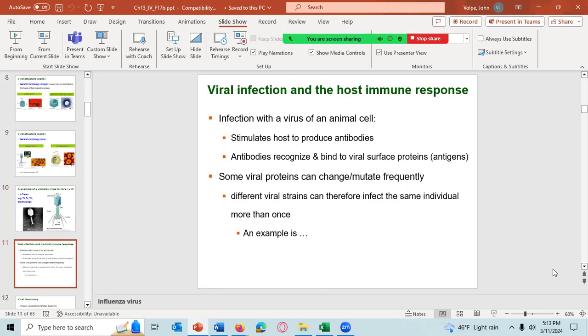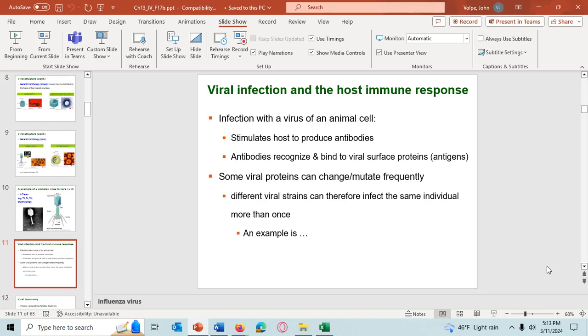Infection with a virus in an animal cell tends to stimulate the host to produce antibodies that then react with, bind to, and attack the virus. Antibodies recognize and bind to antigens, and that would be the viral surface proteins. Some viral proteins can change or mutate frequently. Therefore, different viral strains can infect the same individual more than once.